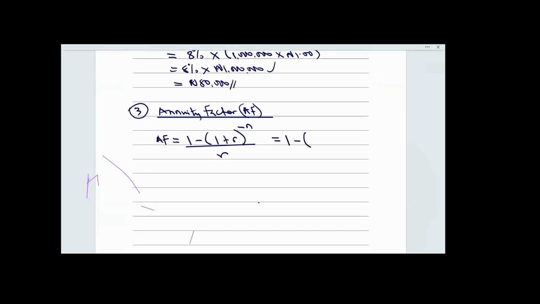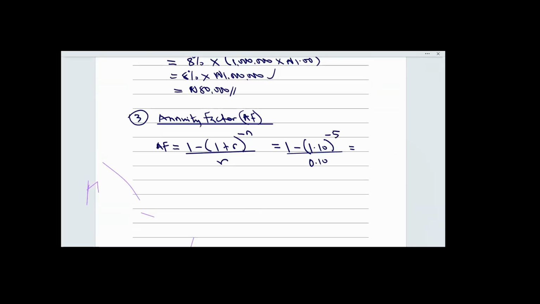So 1.1 raised to power minus 5, all divided by 0.10. Final answer, what do you have? 1.1 raised to power minus 5, equals, minus 1, equals, divided by 0.1, equals. What do you have? Give it to me. I want to see who will get it right.